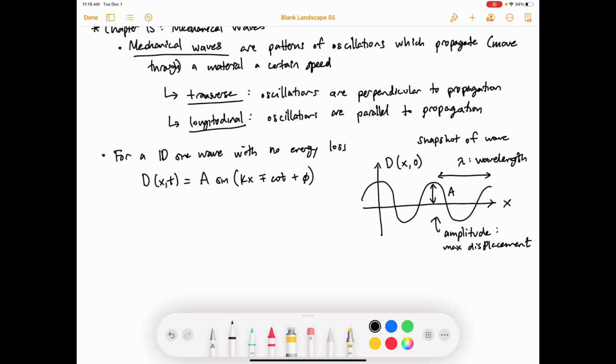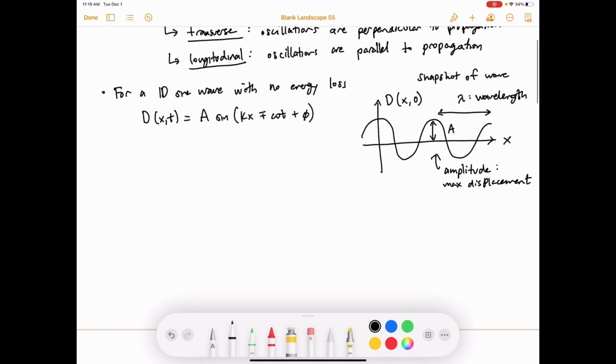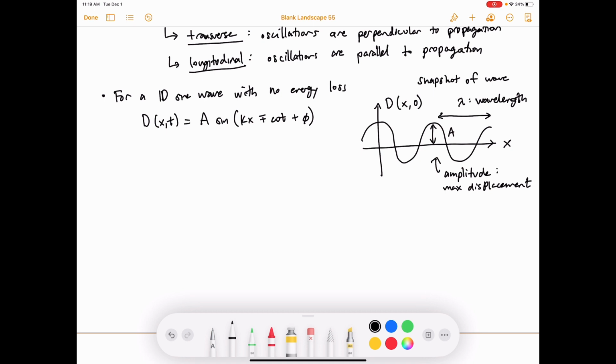That's given by the variable lambda. Okay, but in our equation, we have this thing k. That's called the wave number. So k is just 2 pi divided by lambda. We also have omega. That's called our angular frequency.